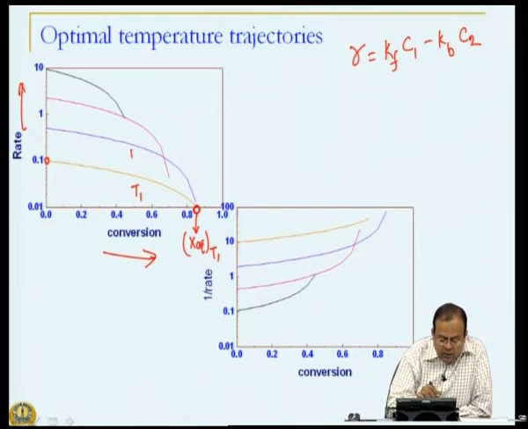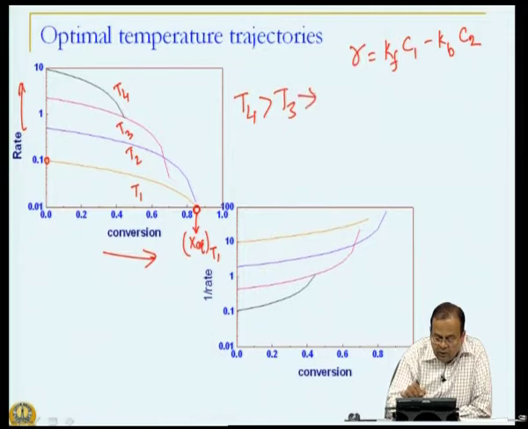As I increase my temperature, these are my T1, T2, T3, T4, with T4 greater than T3 greater than T2 greater than T1. For T3, this is what my equilibrium conversion will be, this will be for T2 and so on.